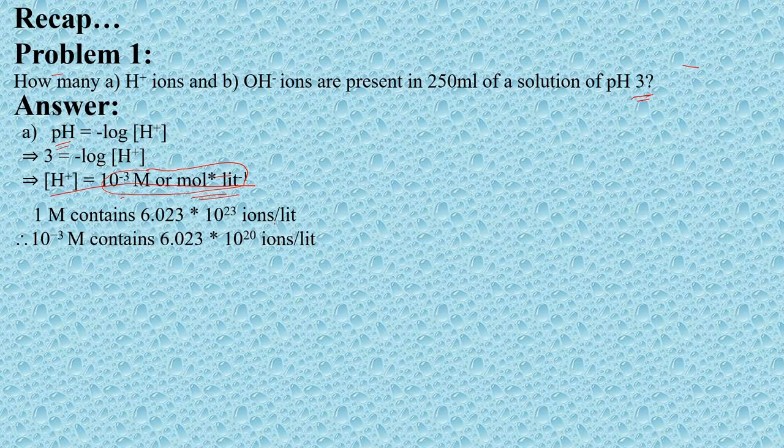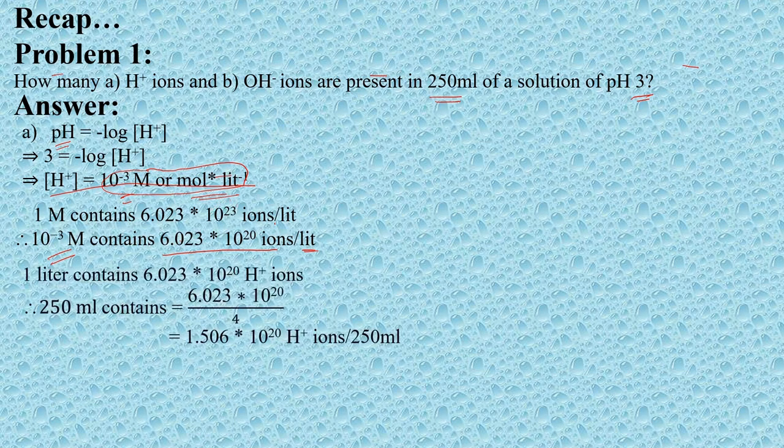So this hydrogen ion concentration contains this much ion per liter, but the solution has 250 ml, so you have to divide this result by 4, and we get the desired result of hydrogen ions present in 250 ml of a solution having pH 3.